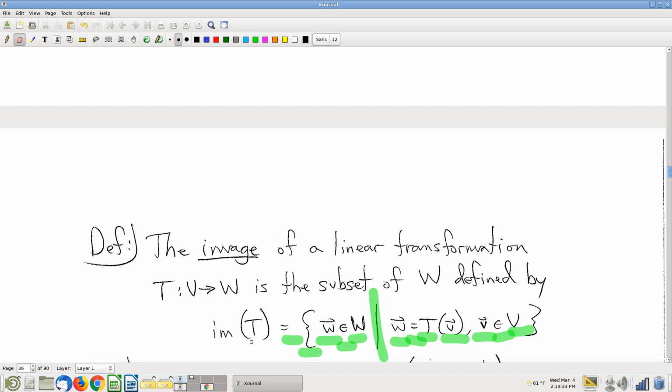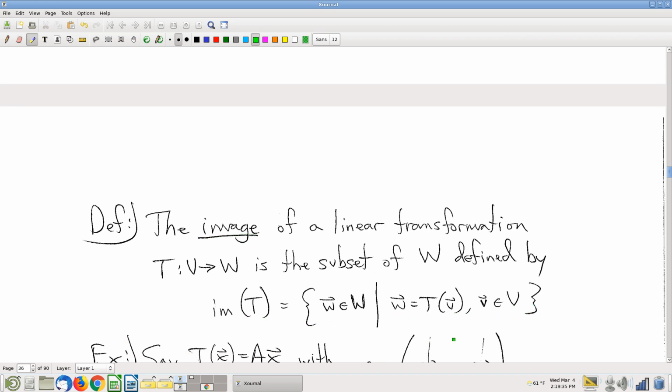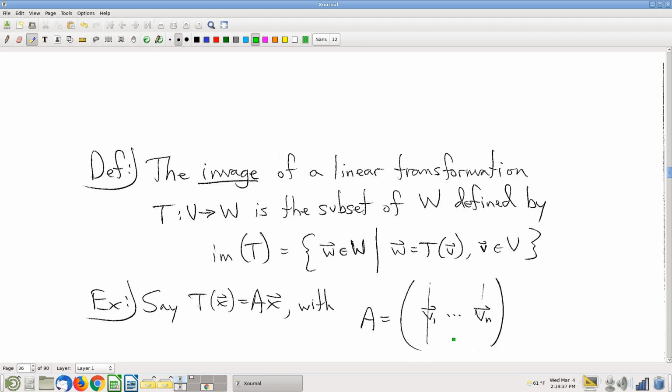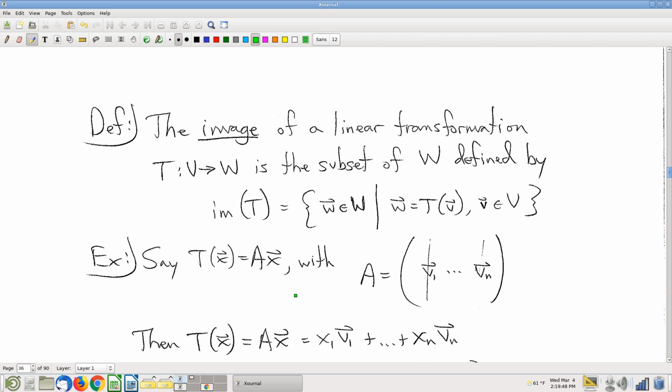Okay. All right, so old idea. This one also turns out for matrix linear transformations, this is a familiar one. Yeah, it's interesting how this happens to be. But here's how that works. Let's think about the image of one of these kinds of functions. Now, in order to do that, let me remind you that when you have a matrix, you can think of that matrix as being made up of column vectors, right?